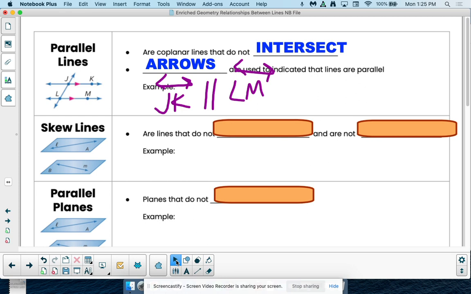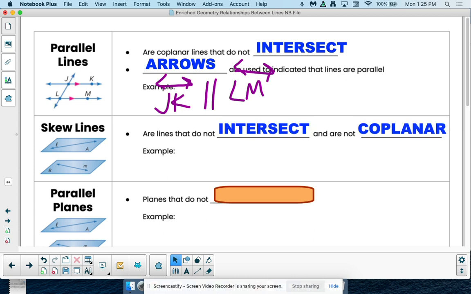Have you guys heard of skew lines before? It's weird. So think of it like this. One's going up and down, and one's going side to side, but they're on separate planes. So they're not parallel, but they can't touch. They can't be going the same direction.